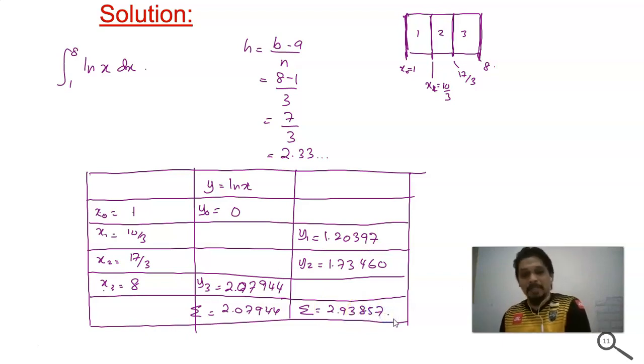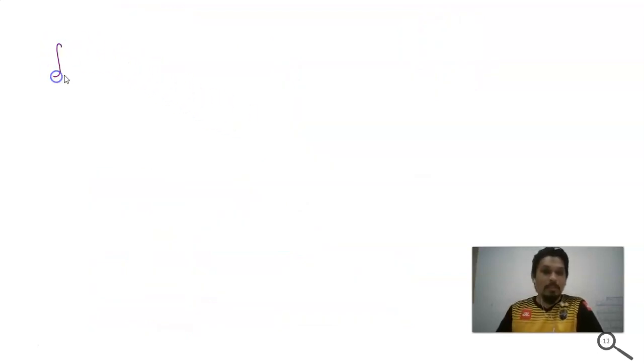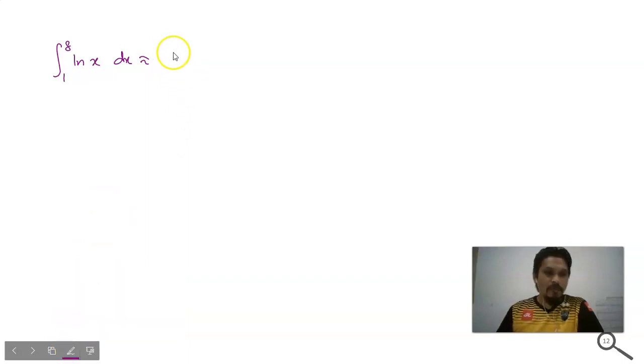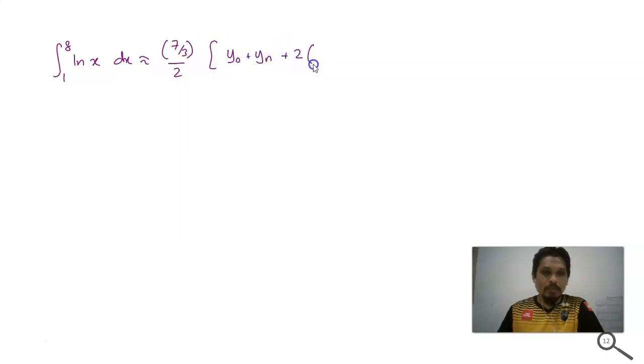Okay, so next, the integral from 1 until 8 of natural log of x dx is approximately h over 2, where h is 7 over 3, so h over 2 is 7 over 3 times y0 plus yn plus 2 times y1 plus y2.